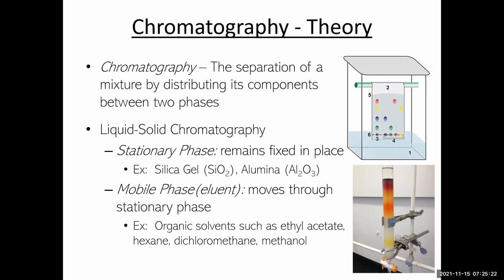Typically that would be a liquid or mobile phase and a solid, also known as a stationary phase. But like we'll talk about at the end of the video, it's possible to have, for example, a liquid stationary phase and a gas mobile phase in a different type of chromatography.